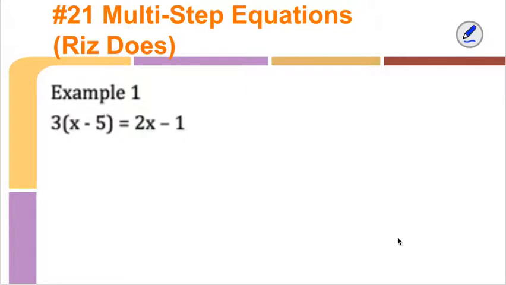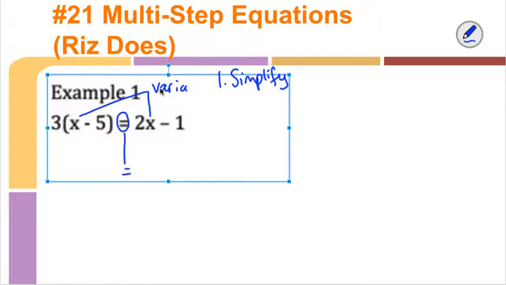Okay, so here's the first example. So the first thing that I want to do is simplify each side of the equation. Again, in my brain, I want to split up my equation right at the equal sign. I also want to think about what the variable is in this case, which is x. That's what I'm trying to figure out.